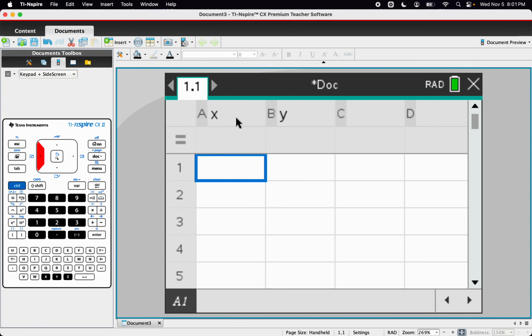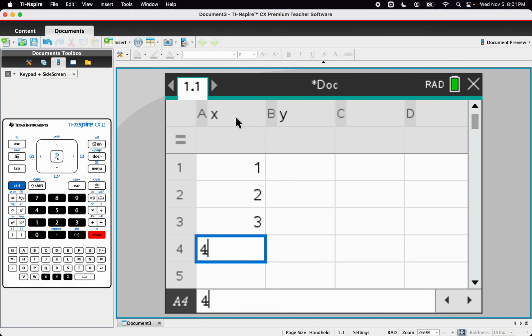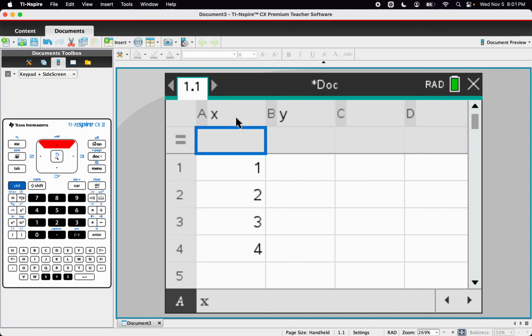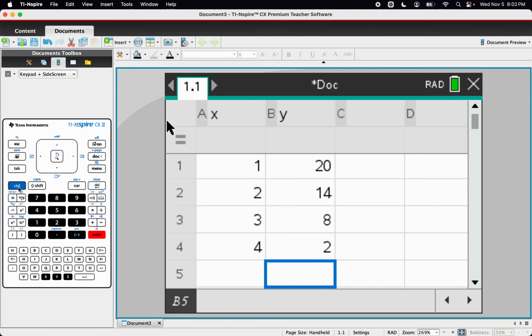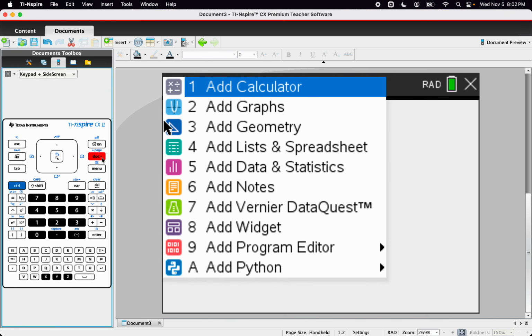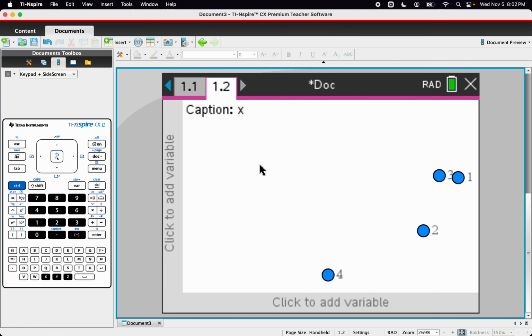So we type 1, 2, 3, 4, and here this is 20, 14, and all we're doing is typing the information from the table that we created. And from here, I remember that we have to click Control Doc, go to number 5.